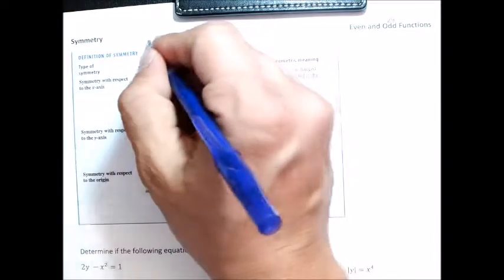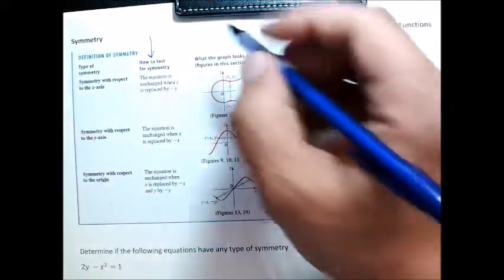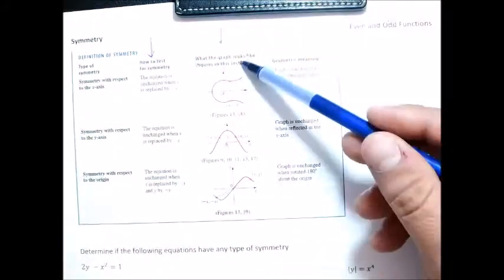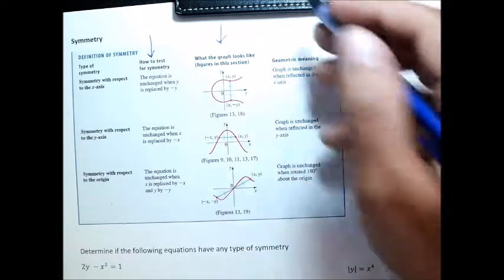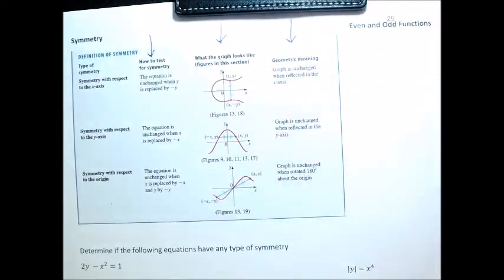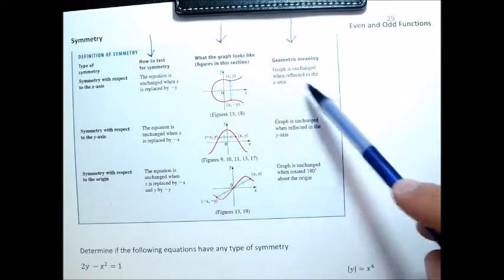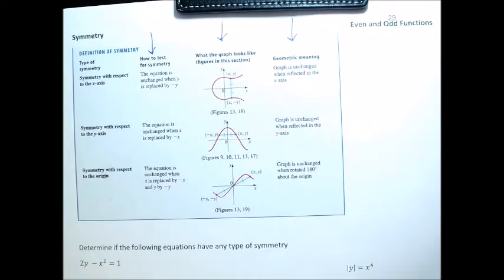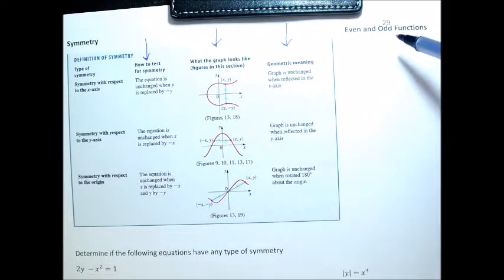The second column tells us how we test for that type. The third column is a pictorial representation of what that type looks like. And then the fourth column is a geometric meaning, like it's basically explaining the visual part in words in that fourth column. And then I'm going to add something on the right here in terms of even and odd.